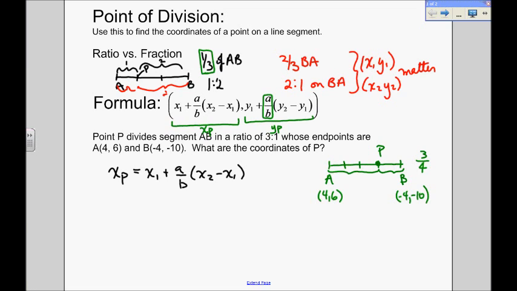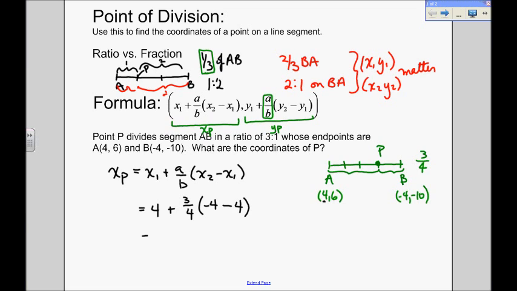When I substitute my values in, my starting point is A, so this is my x1, so I get 4, plus 3/4. My x2 is my second coordinate, so that's -4, minus my first coordinate, which is 4.